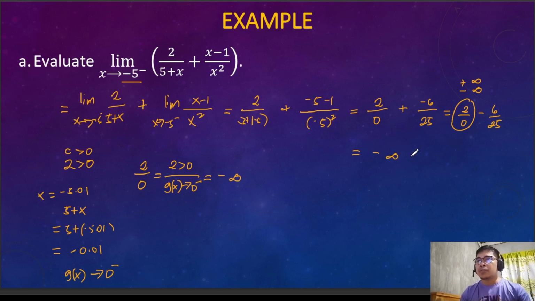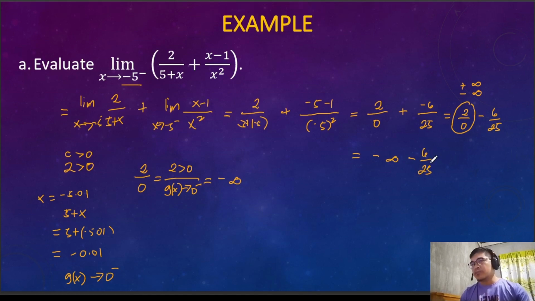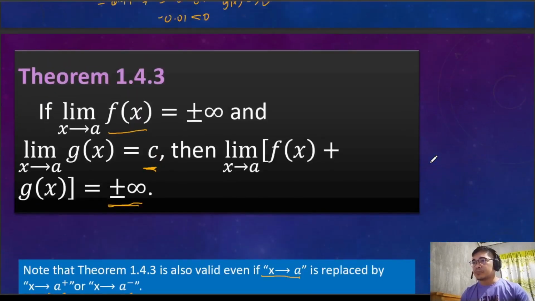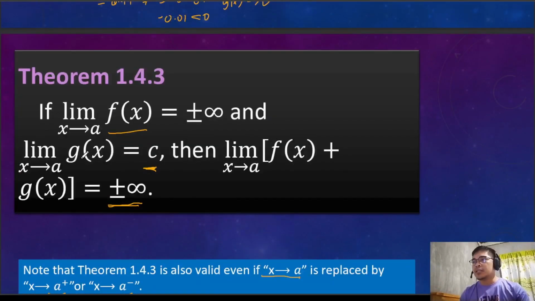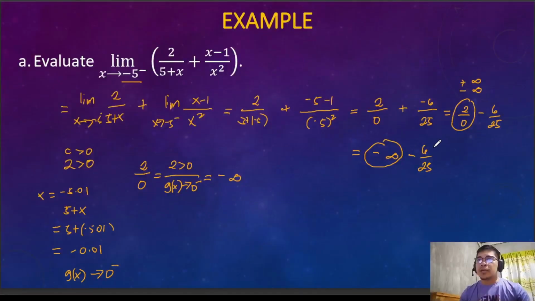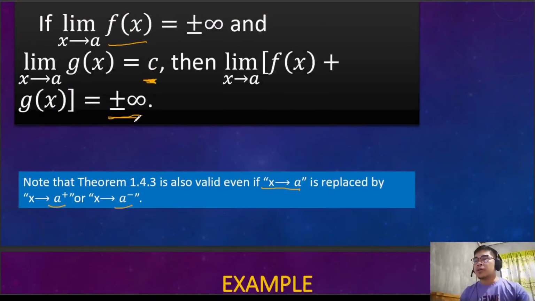And the other one is negative 6 over 25. So let's go back: if the limit of f of x as x approaches a is equal to positive or negative infinity, we check if it is positive or negative. So, negative infinity. Then our g of x is equal to a constant. Negative 6 over 25 is a constant. Therefore, our limit must be what?